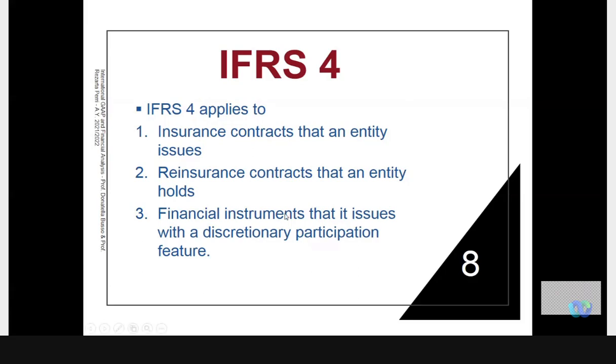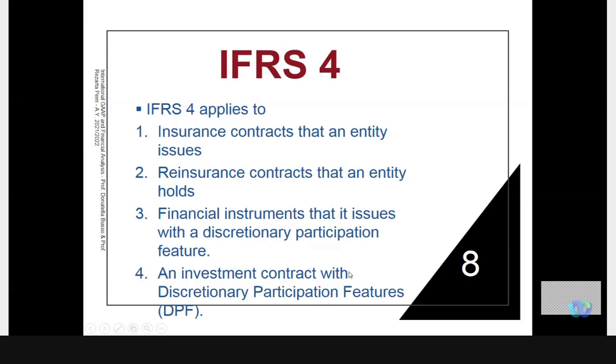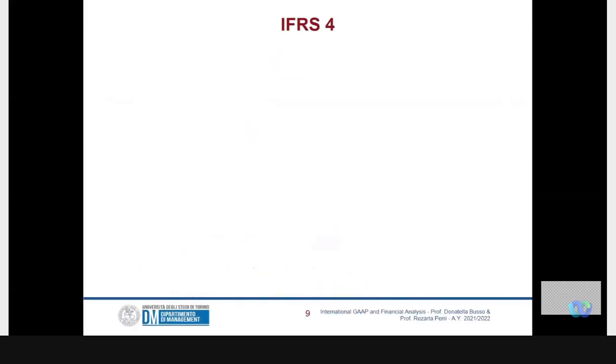The discretionary participation feature makes it uncertain for the parties of the contract as to which party the loss will be borne by. An investment contract that has discretionary participation features, the specific features that we are mentioning, is also included in the scope of IFRS 4.